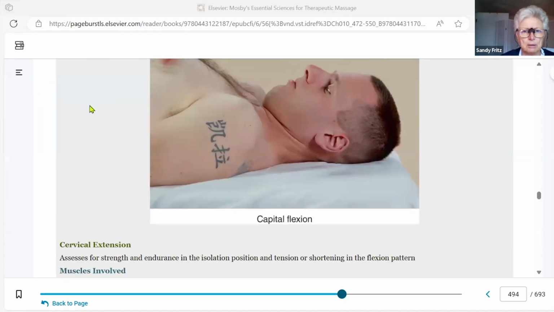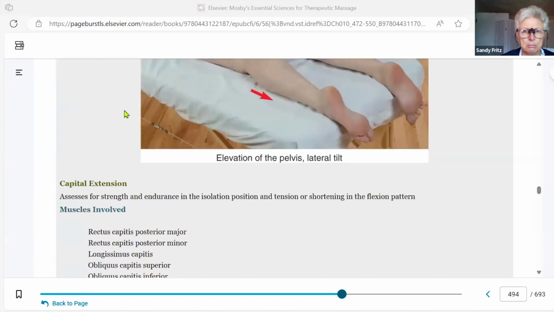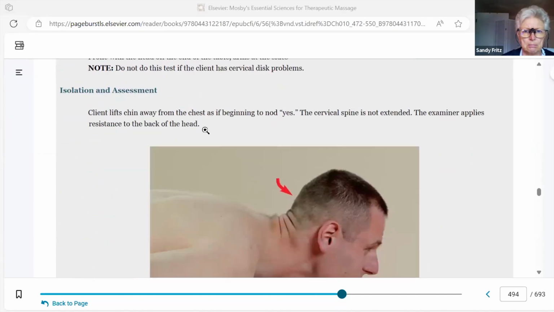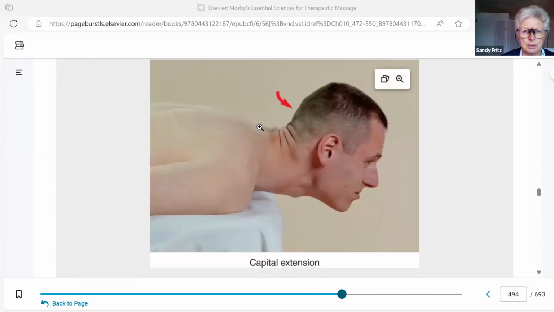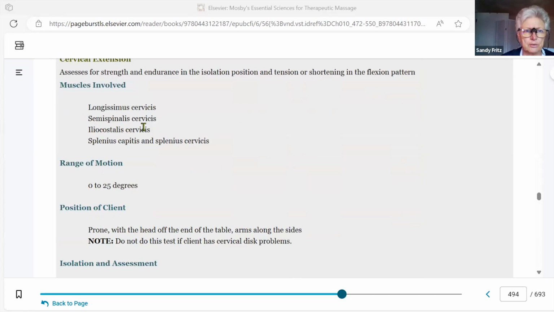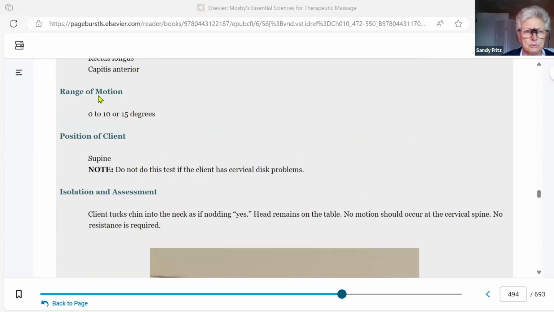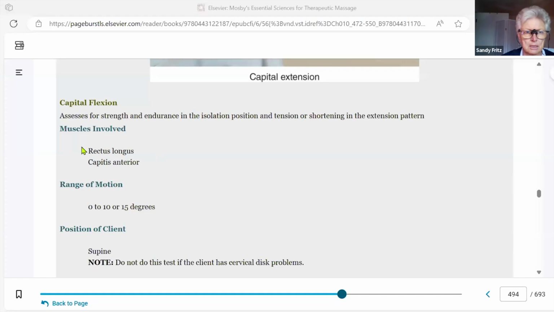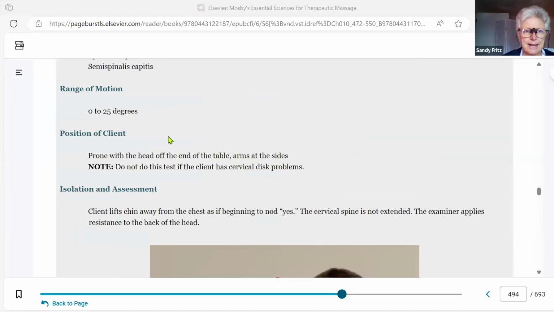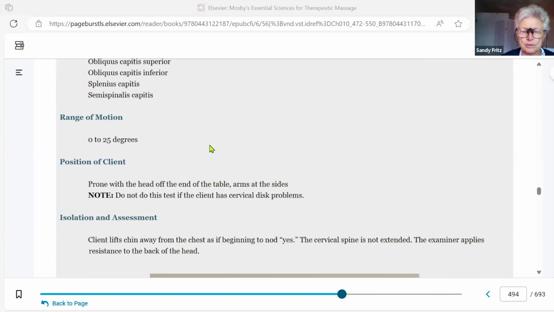So here is this functional unit. Here's the extension. Here's the flexion. Here are the muscles that do that. So here is your agonist-antagonist group, depending on what action is occurring.